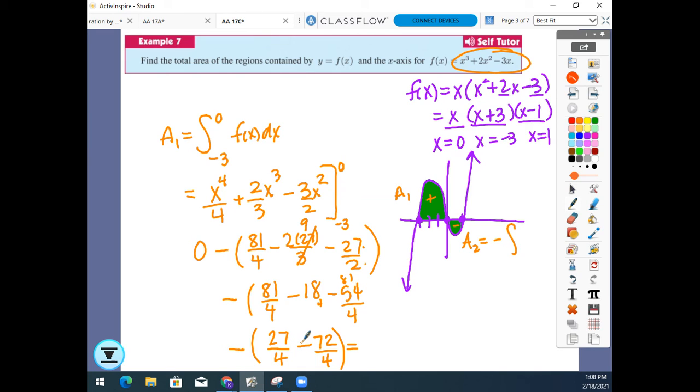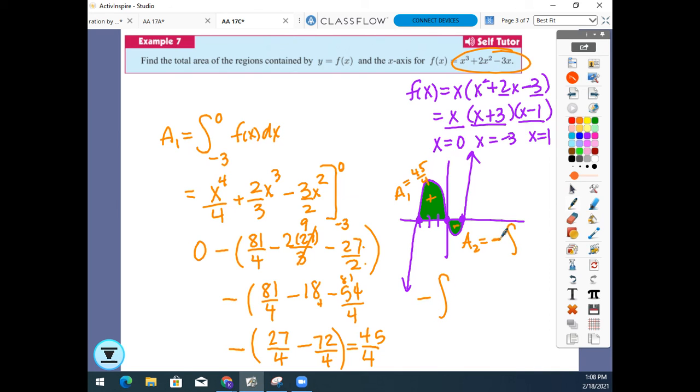So I'm just going to say this will be positive. When we subtract these two, we get 45/4. So that's this area here. 45/4.